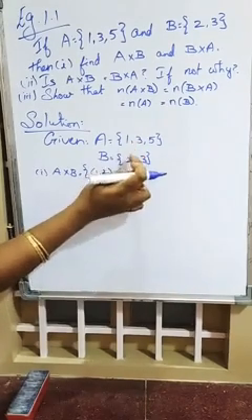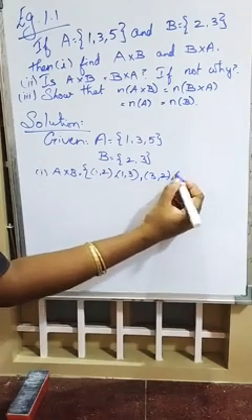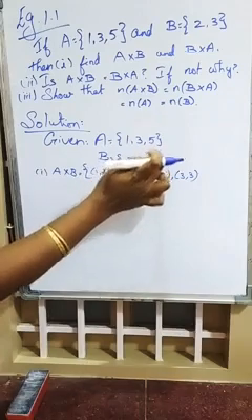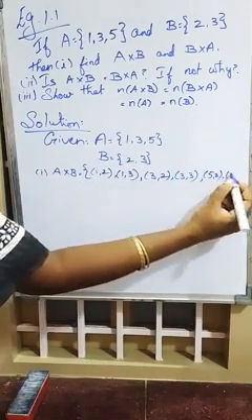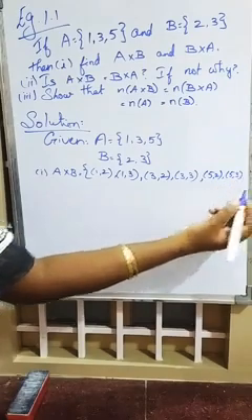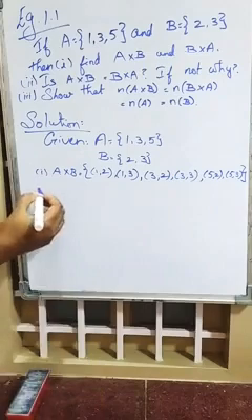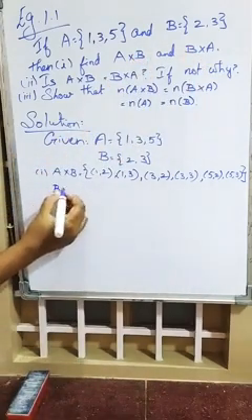Next (3, 2), (3, 3). Next (5, 2), (5, 3). Then complete the bracket.